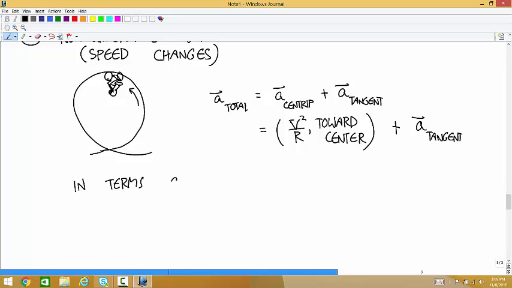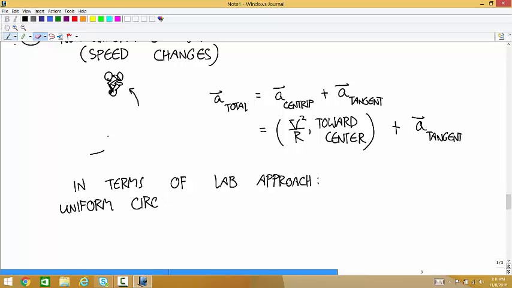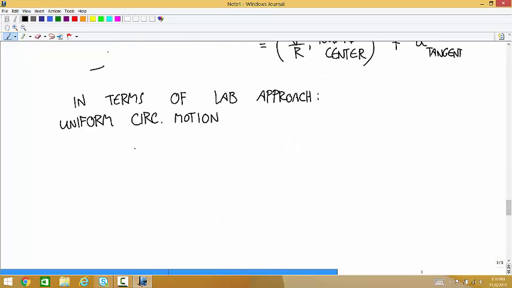In terms of the lab approach, the way we've been thinking about stuff like this in labs, uniform circular motion looks like this. There's the path of the object. There's the object. Say it's moving around a path this way.